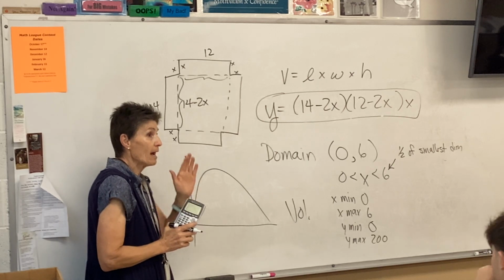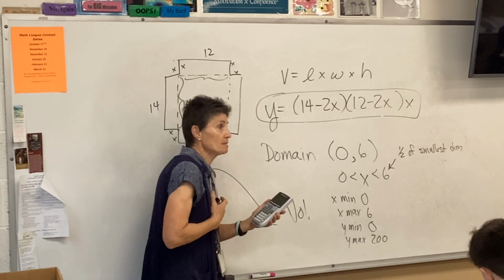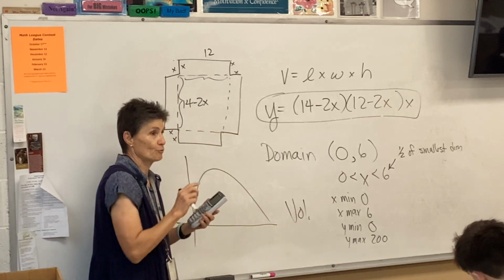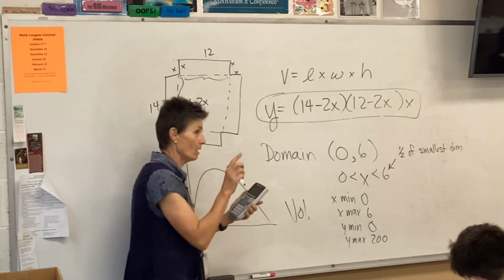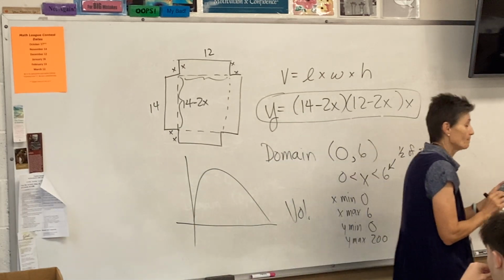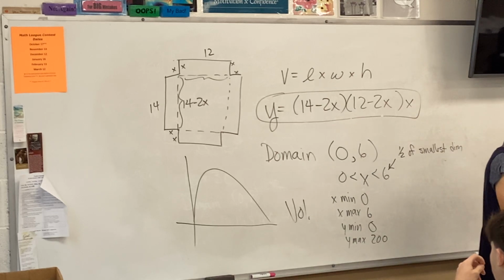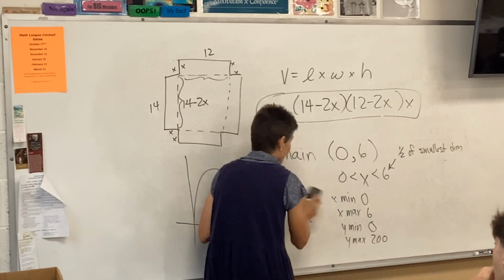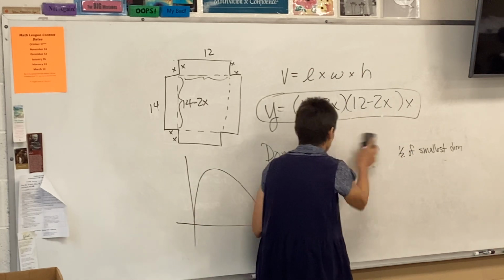Got it, okay? Now I want to show you something. Let's suppose when I said pick a number, you picked 100. Let's go back to window, change your Y max to 100, hit graph, and what happened? It's off the screen. So remember, when you do your Y max, you are just guessing.